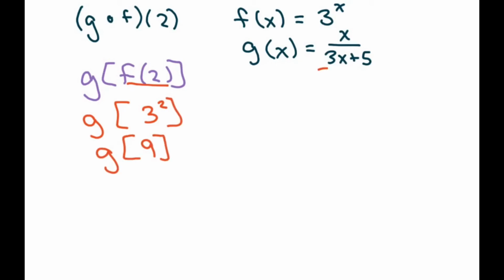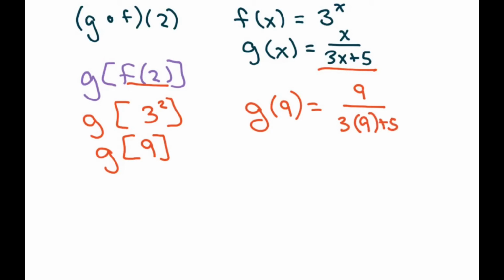Now write down g: everywhere there's an x, put 9. So g of 9 equals 9 over 3 times 9 plus 5, and that's going to equal 9 over 32, since 27 plus 5 is 32. So that's your answer for that.